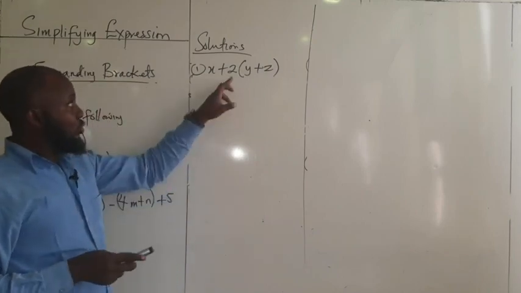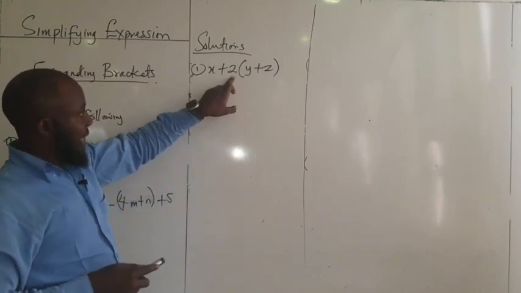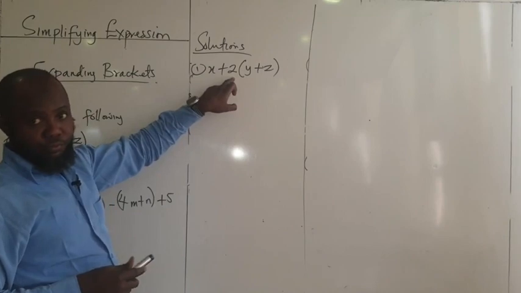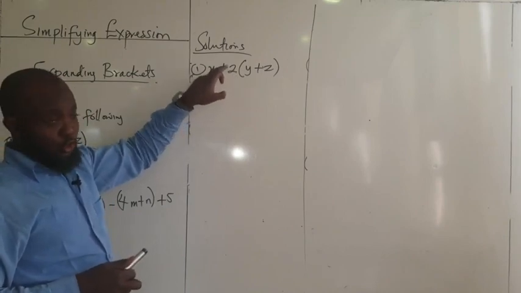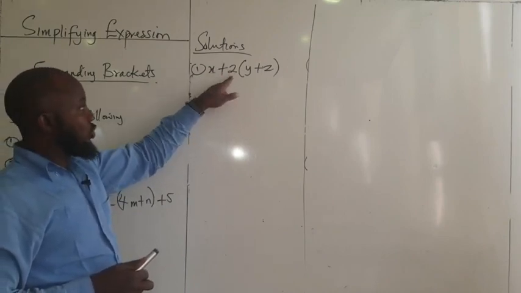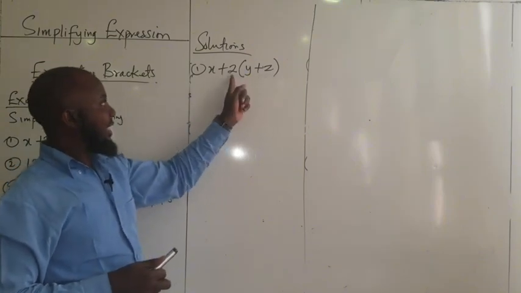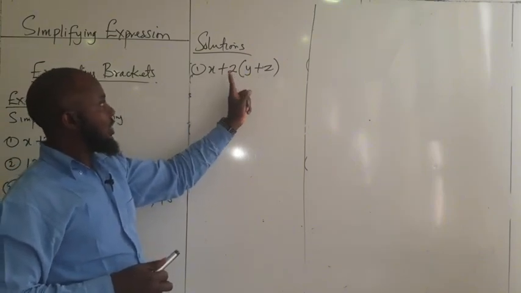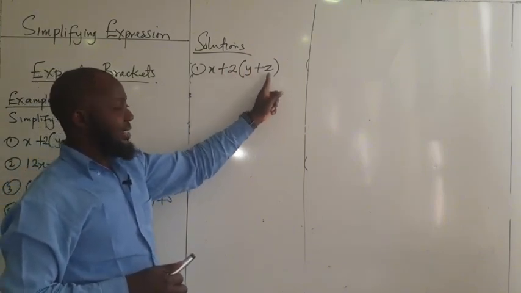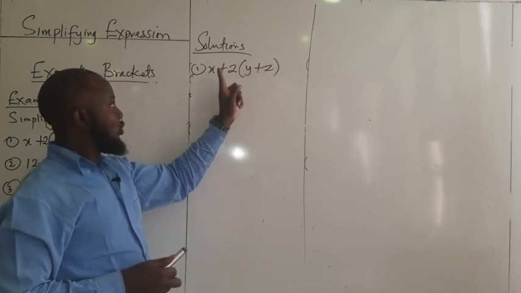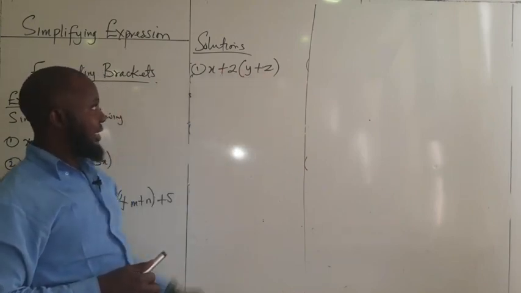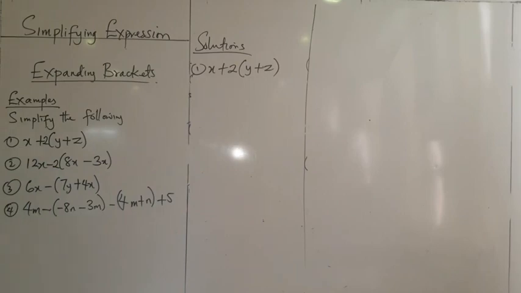Now, the term beside the bracket here is 2. So that means we are using 2 to open this bracket. That is, we are going to use this 2 to multiply all the terms inside the brackets.